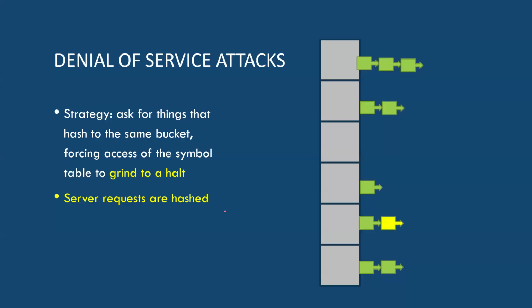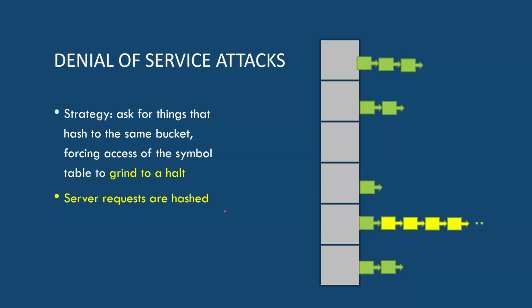So a denial of service attack is one that figures out how to overload a specific server with lots and lots of requests. If it were possible to figure out how a request got hashed to a particular server, we could potentially overload that server and bring down the system, right?